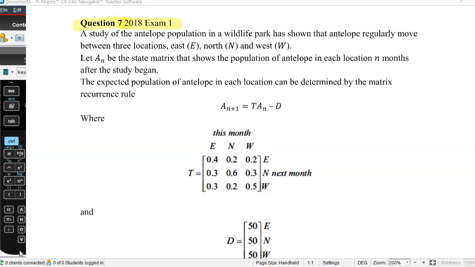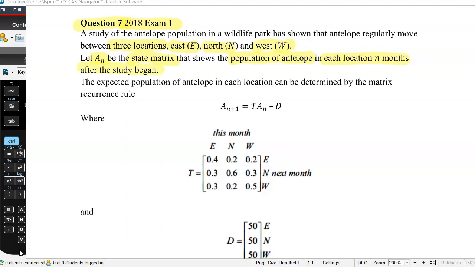A study of antelope population in a wildlife park has shown that the antelope regularly move between 3 locations, east, north and west, so E, N, W. Let A_n be the state matrix that shows the population of antelope in each location n months after the study began.